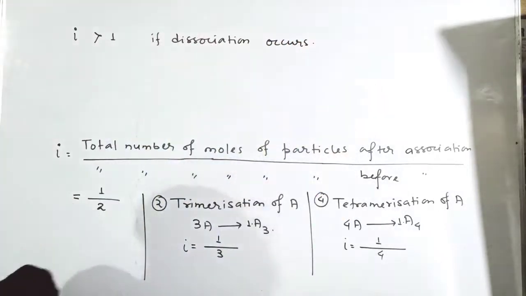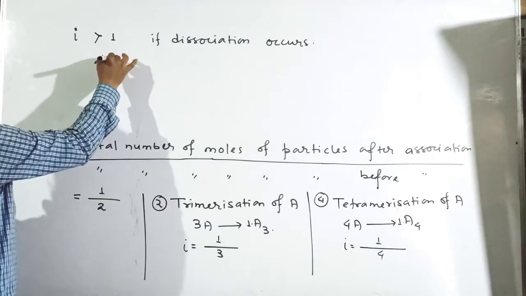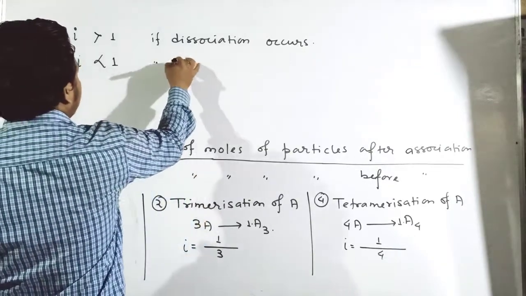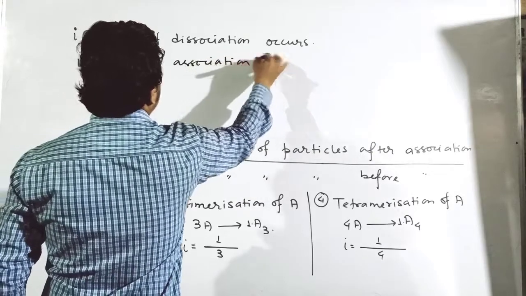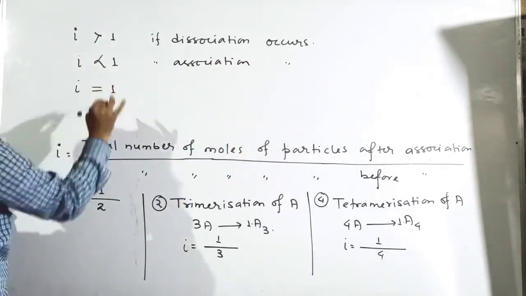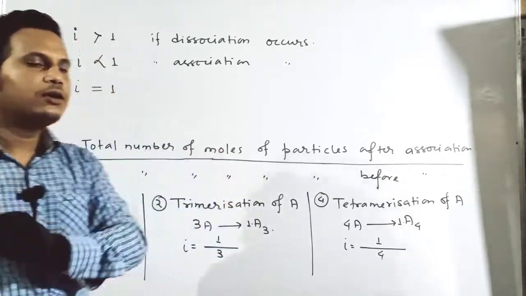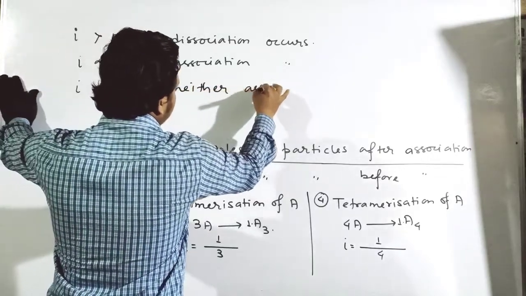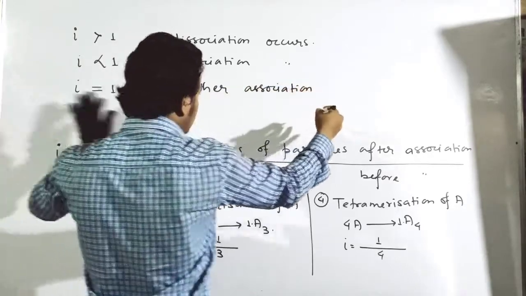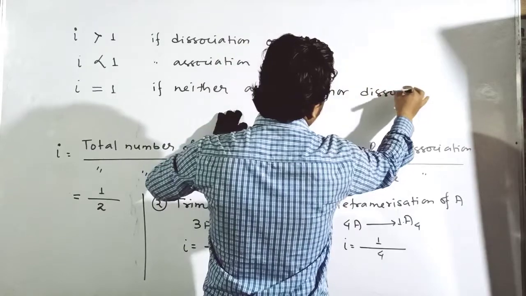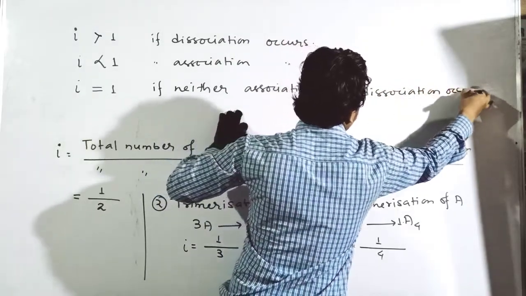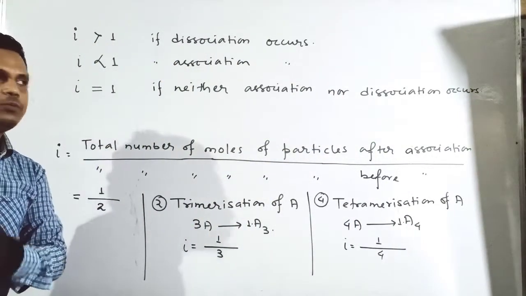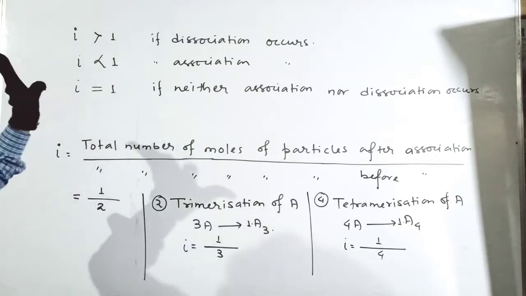The value of I will be less than 1 if association occurs, and the value of I will be equal to 1 if neither association nor dissociation occurs. So this we have to remember.